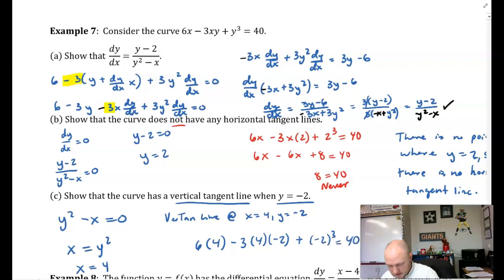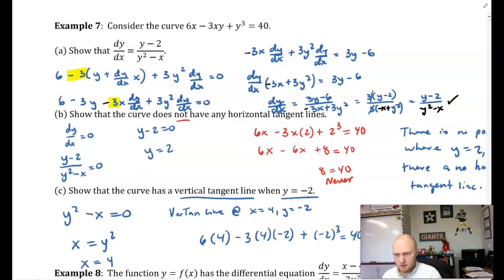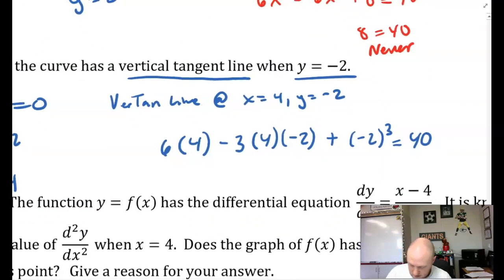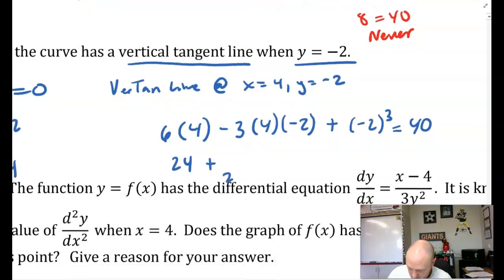And I'm going to check to make sure that this computation is valid. So we have 24 plus 24 minus 8, and is that equal to 40? Yes, it is. 48 minus 8 equals 40. Okay?